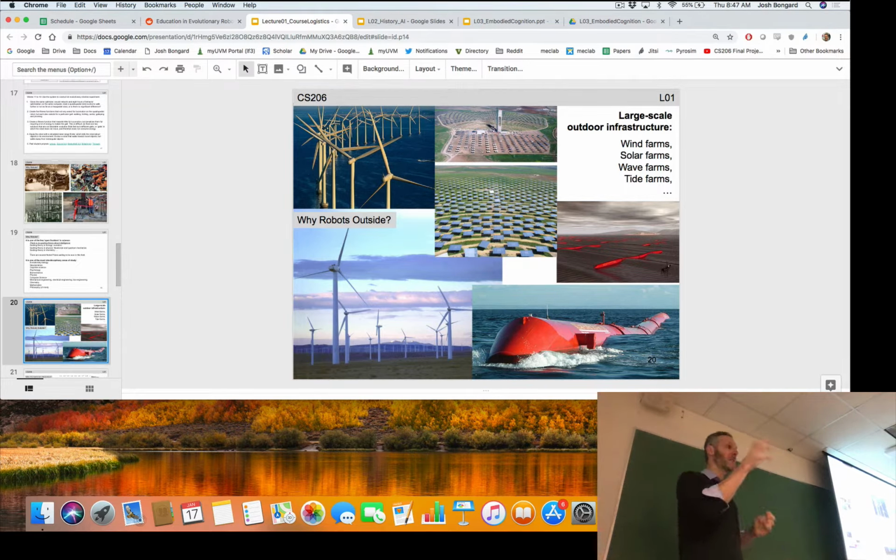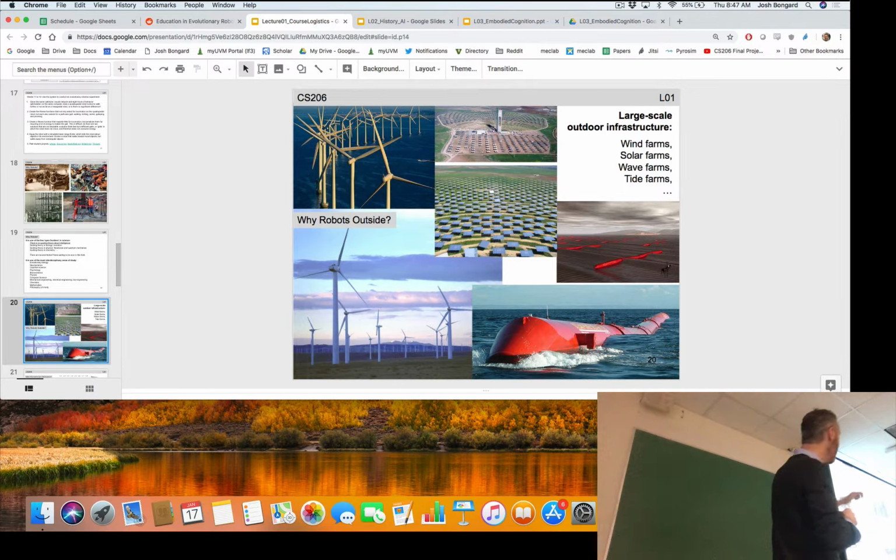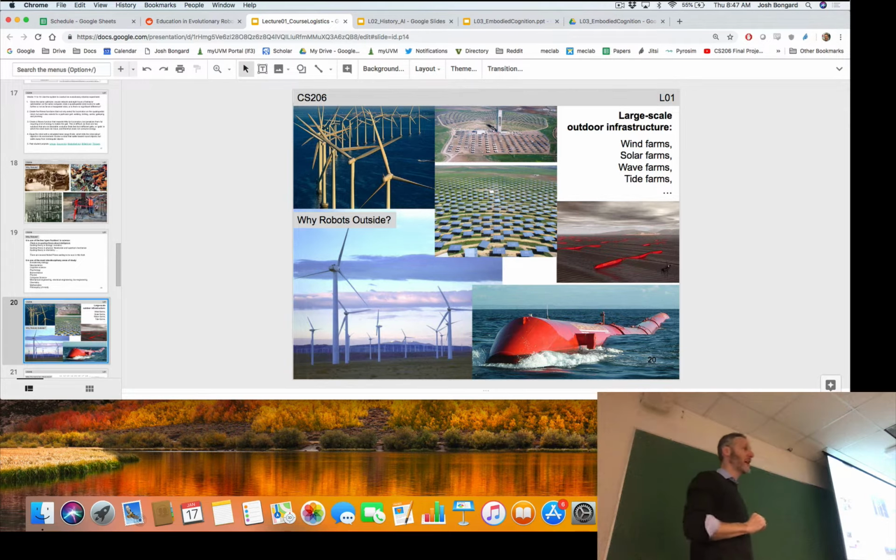We have some element which might be a turbine or a solar panel or these wave worms, if you like, and we need to create large numbers of them, spread them over a very large area, and only then, through the economics of scale, might these green energy alternatives be able to compete with oil and gas and so on.